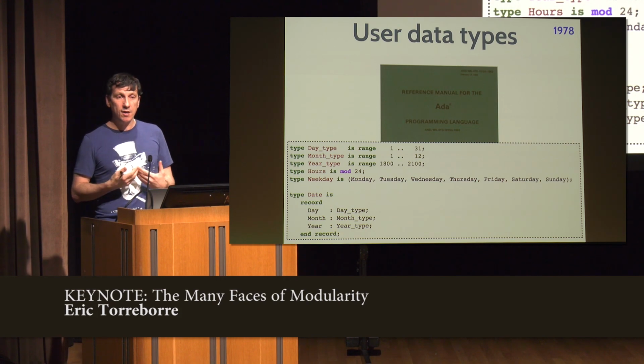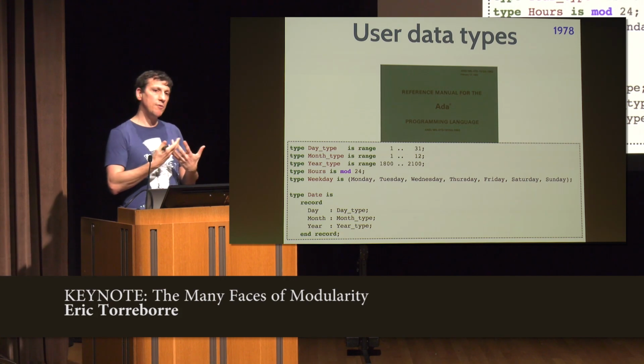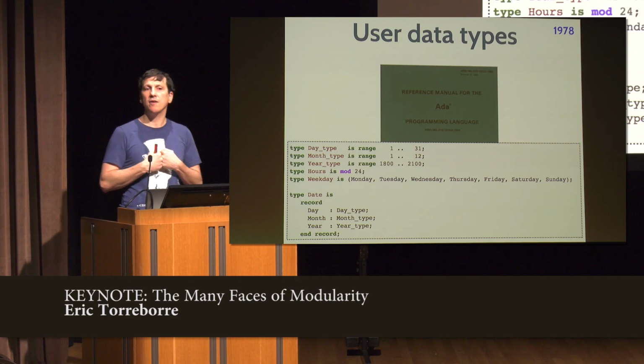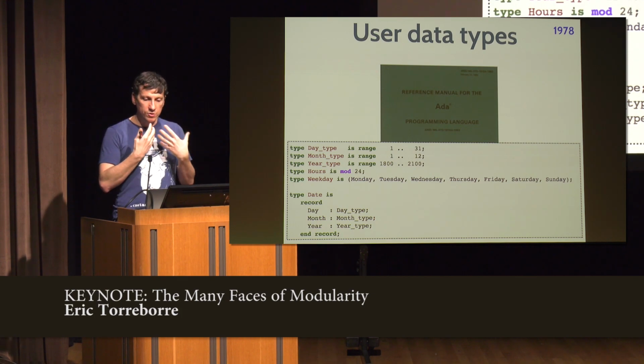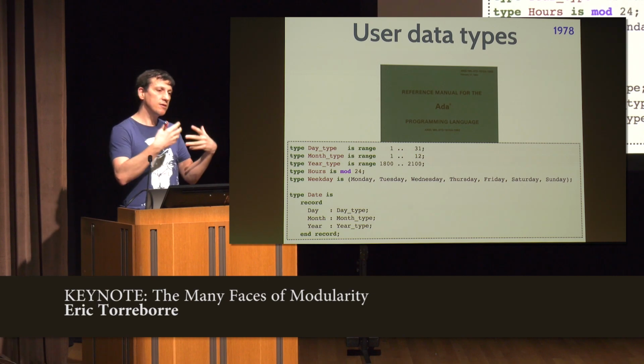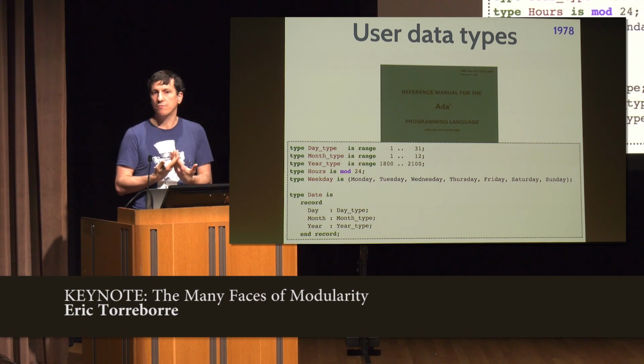At around the same time, a language like Ada was doing modularity in the small. How do you encapsulate small differences into the implementation of a user data type, for example? So you want to work with years that represent years. You don't really want to know that they are internally encoded as integers, right?